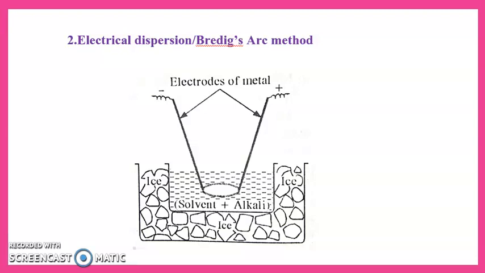But the function of alkali is that when we apply the high voltage, the electrode will be converted into small particles and it will be in the solvent. But these particles will mix together to make bigger aggregates.